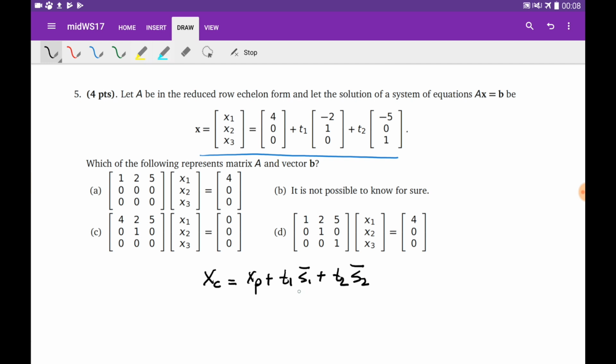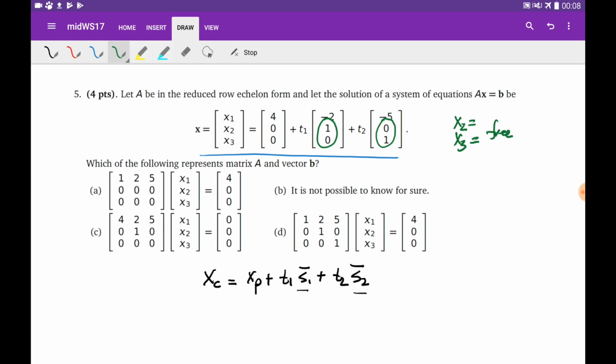If you remember, in order to find the two special solutions, we need to choose the values for the free variables as the columns of the identity matrix, right? And I see the columns of the identity matrix here, so 1, 0 and 0, 1. So it means that the second variable and the third variable are the free variables, right?